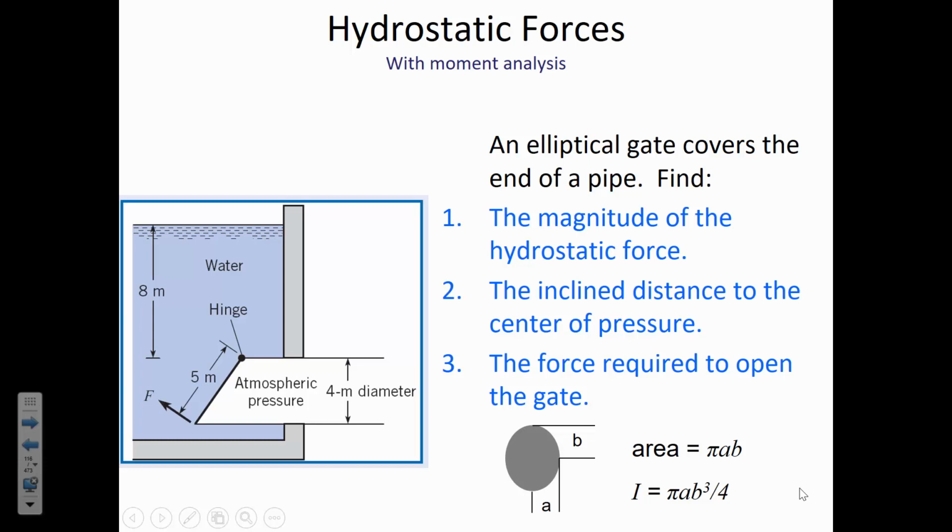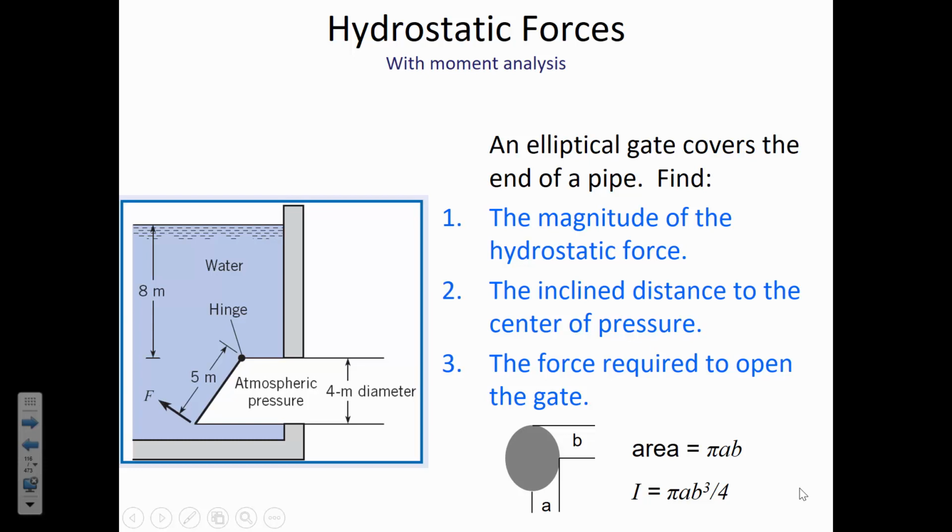And then the area of this ellipse, area is pi a b. So a is the width parameter, so that is 2 meters. And then the b parameter is half of the height, so that's 2.5 meters.